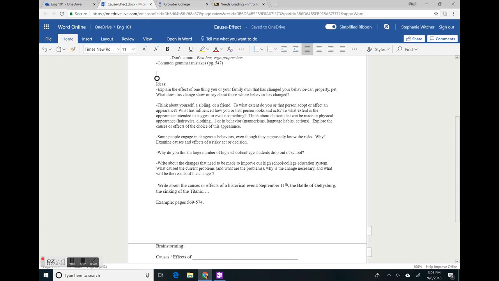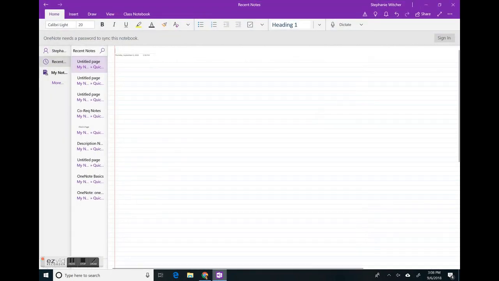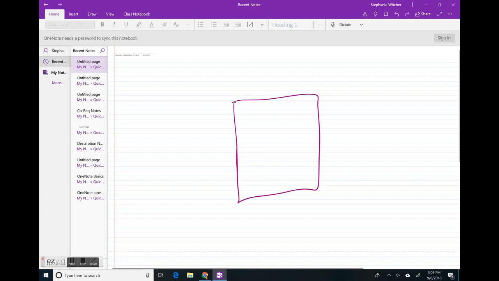All right. So the handout also includes this brainstorming section where you can take a look at causes and effects. So I'm going to do some brainstorming over on a blank sheet of paper just to show you what this should look like. Okay, so once you have chosen your topic, it will go in here. So let's say I want to talk about what are some of the causes.